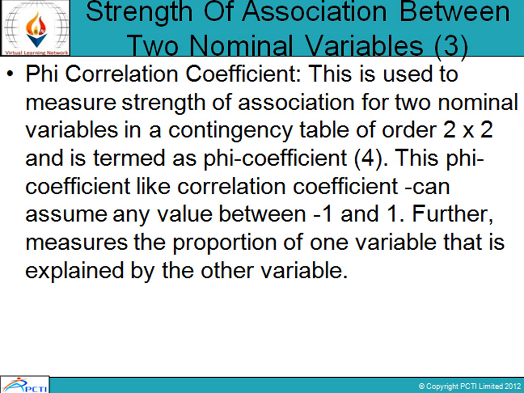Like the correlation coefficient, it can assume any value between -1 and 1. The square of the phi coefficient measures the proportion of one variable that is explained by the other variable.